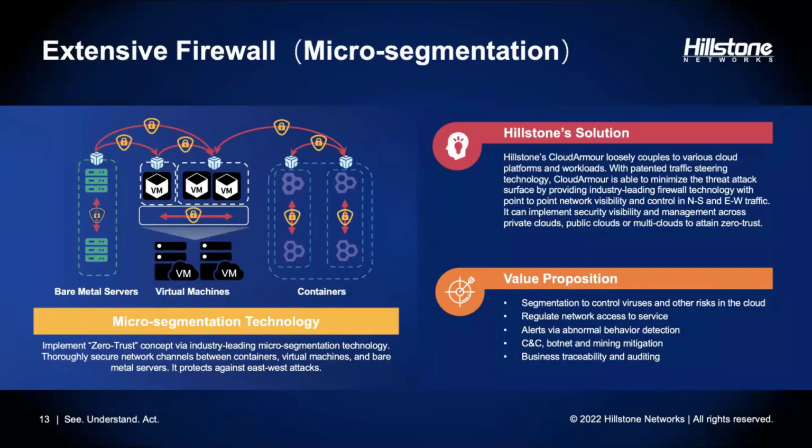The next key functionality of CloudArmour is its ability to allow for visibility into east-west traffic and protection against those types of lateral attacks. This microsegmentation technology adheres to the concept of zero trust network access. CloudArmour performs microsegmentation via its industry-leading firewall technology, coupled with point-to-point network visibility.